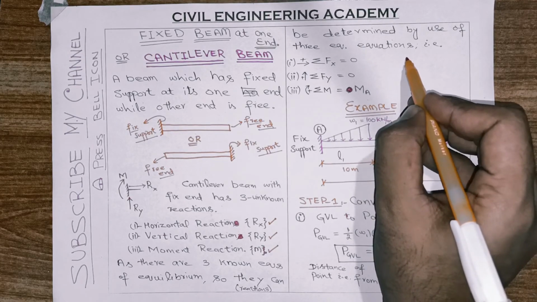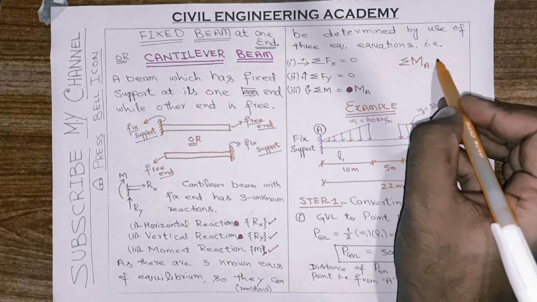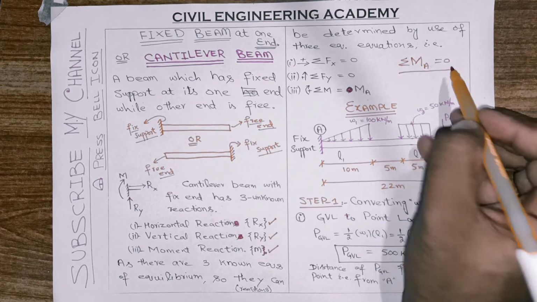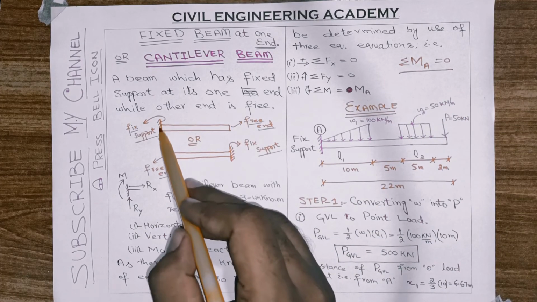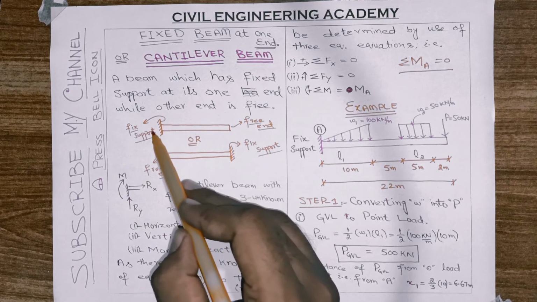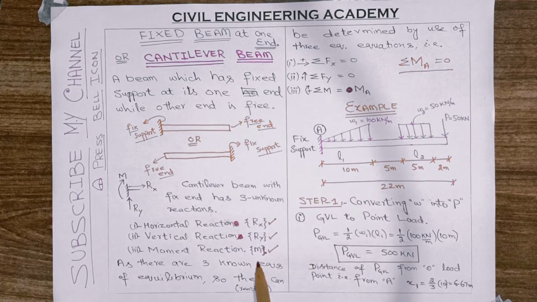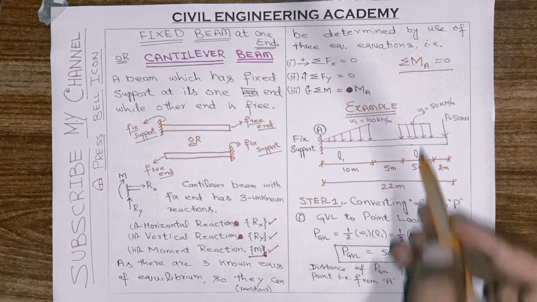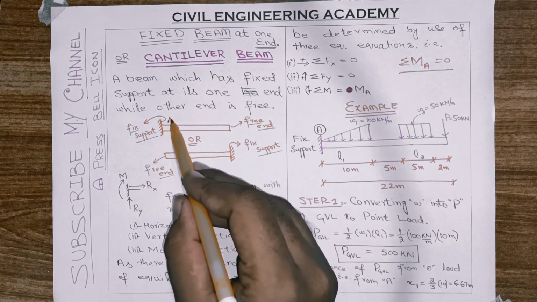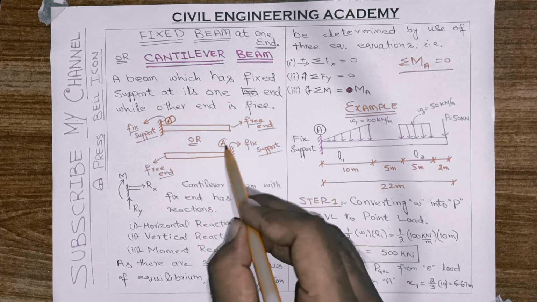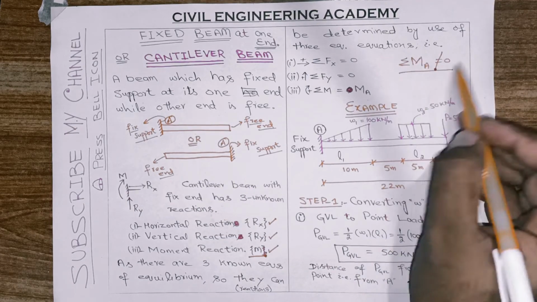In previous cases we have been studying that summation of moments at any point A or B is equal to 0, but in this specific example where we encounter a fixed support at one end of the beam, the moment will never be equal to 0, because here there is a moment reaction that we call M. So suppose we call this point A. The moment reaction at A will never be equal to 0. It will be equal to some value.